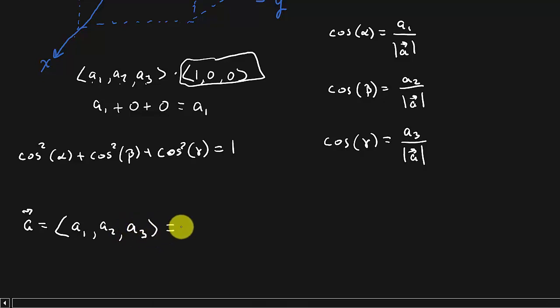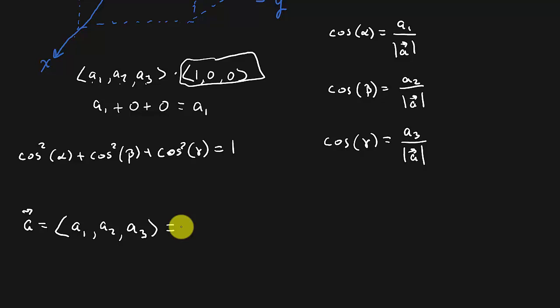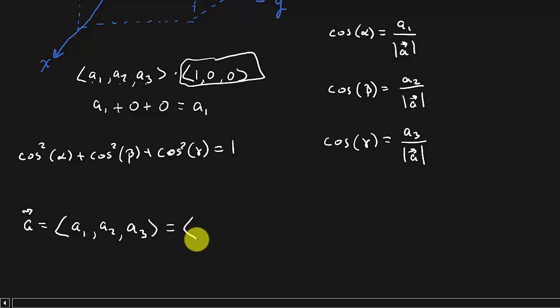That's vector A. And so this is also equal to the magnitude of A times cosine alpha.